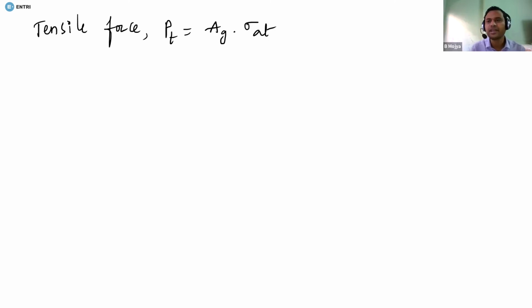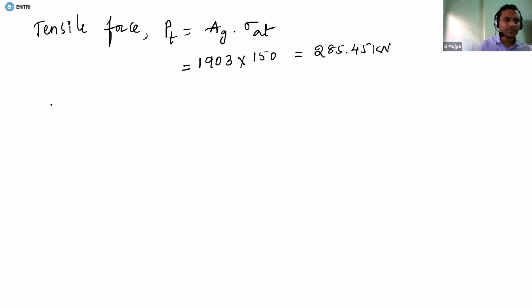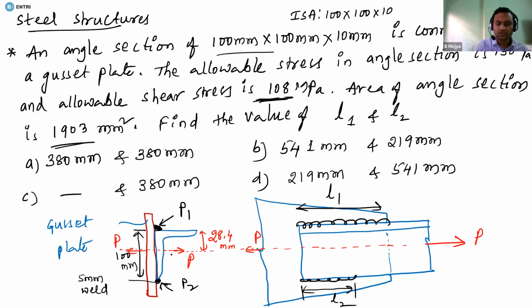But here, since welding is done, you need to consider the gross area. The gross area is given in the question, that is 1903, and the allowable stress is given as 150 megapascal. Upon simplifying, it will be 285.45 kilonewtons.